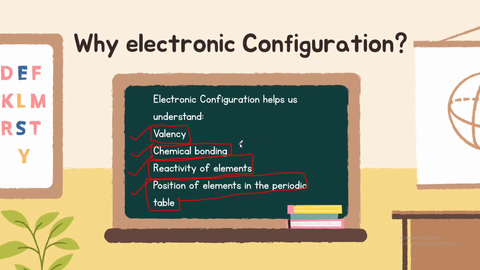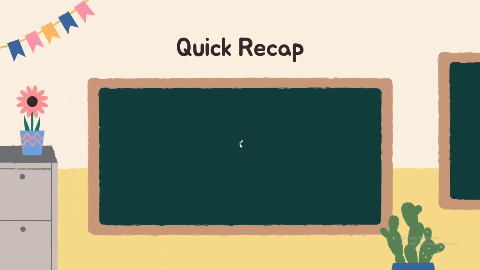Now for a quick recap, electronic configuration means arrangement of electrons in different shells. There are 4 types of shells: K, L, M and N. The maximum number of electrons that can fit in the K shell is 2, in the L shell it's 8, in the M shell it is 18, and in the N shell it is 32. However, we assume these last 2 to be maximum 8.